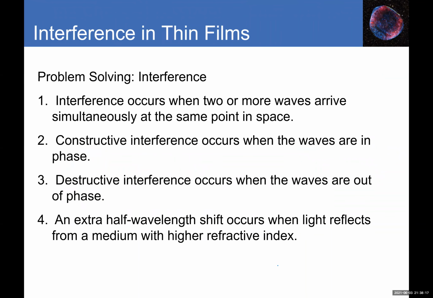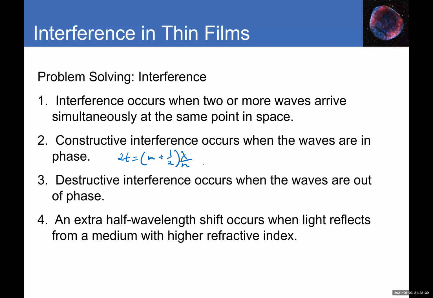In any case, for interference in thin films, interference occurs when two or more waves arrive simultaneously at the same point in space. Constructive interference occurs when the waves are in phase, so 2t equals (m plus 1/2) times the wavelength over n.